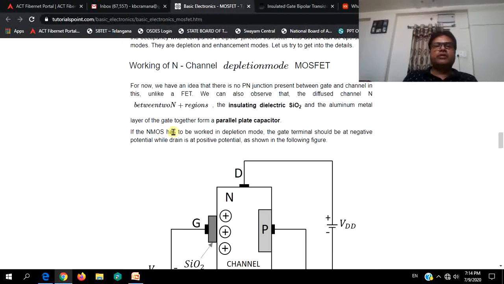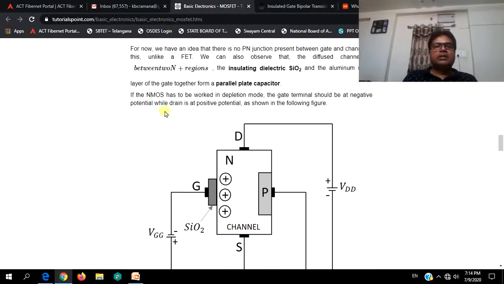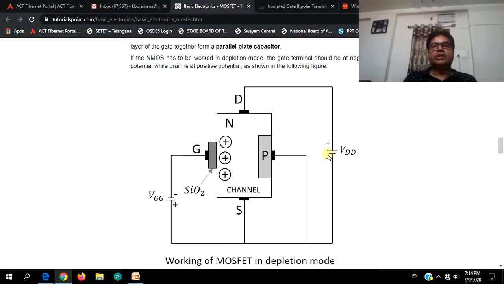Working of the N channel depletion mode MOSFET. The NMOS, that is the N channel MOSFET, when worked in depletion mode, has the gate terminal at negative potential while the drain is at positive potential, as shown in the following figure.